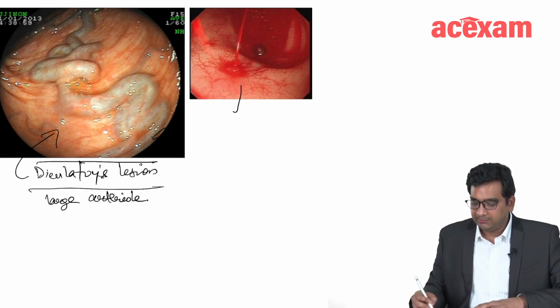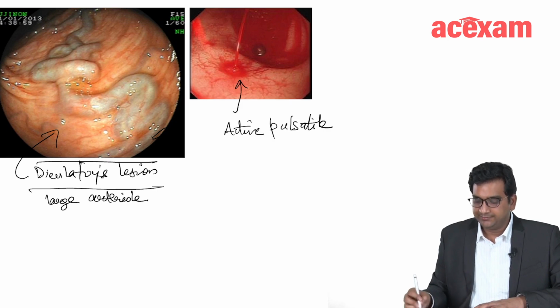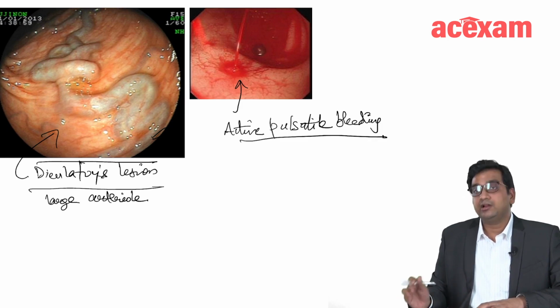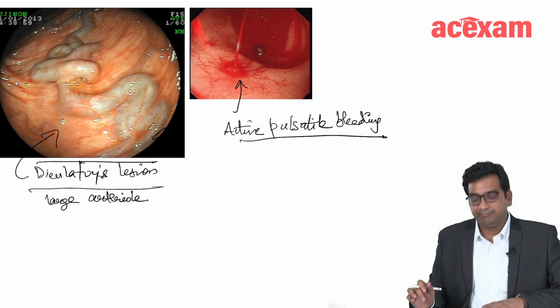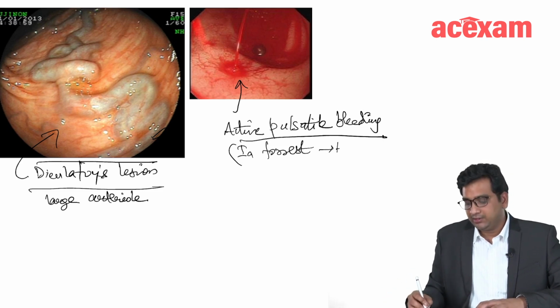Okay, what is happening here? Active pulsatile bleeding. What is the classification? According to Forest classification, this active pulsatile bleeding is type 1A Forest. Okay. And this type 1A Forest comes in high risk of rebleeding.